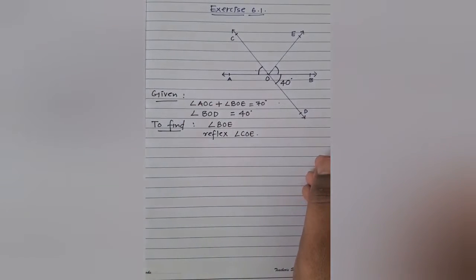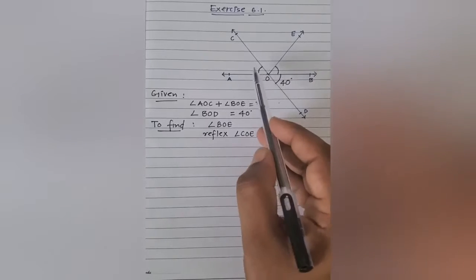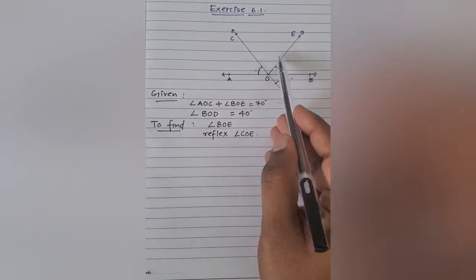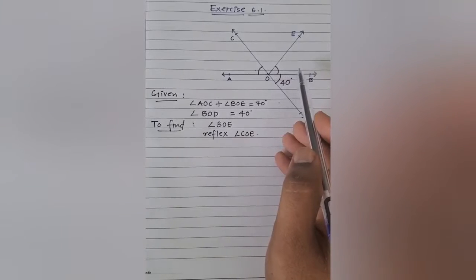The different properties of lines and different types of angles which we have discussed in the previous session are going to be very useful here. To begin with, AB is a straight line, and a straight line will have a total sum of 180 degrees. That's what you call a straight angle.